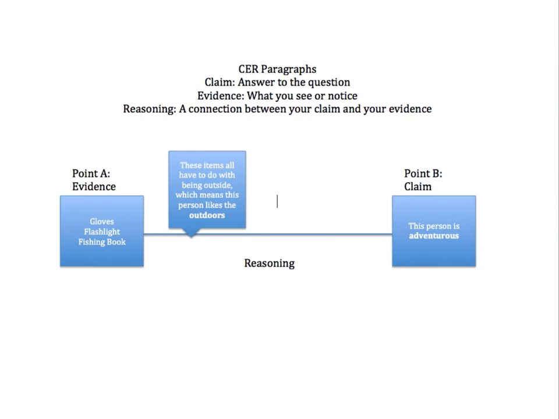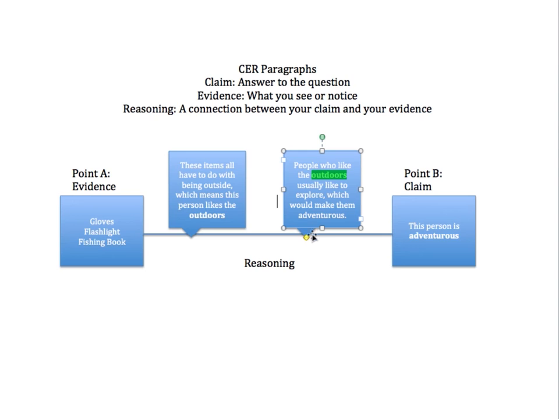So the way I'm going to do that is I need to make my next part of my reasoning, my next sentence, connect the word outdoors to the word adventurous. But I also need to make sure I'm making a statement that my reader will agree with. Okay, so I would probably say something like, people who like the outdoors usually like to explore, which would make them adventurous.